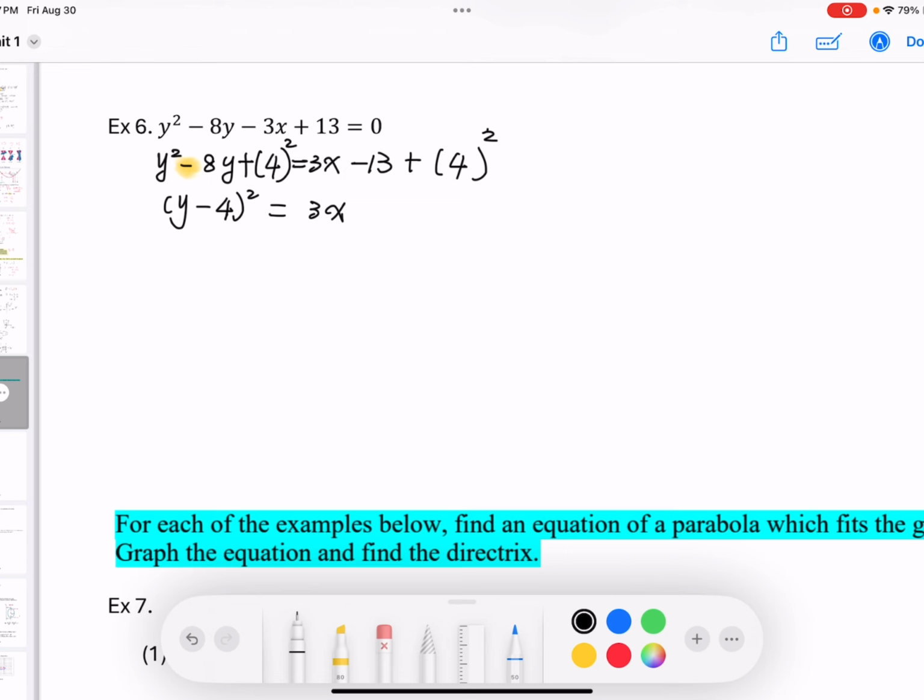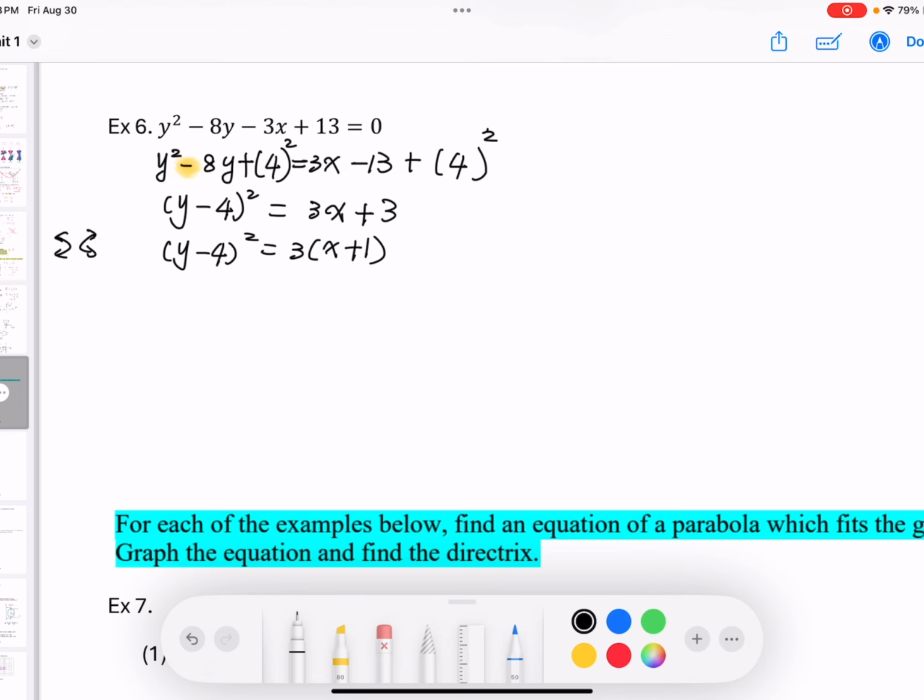What is that? It is 3. Yes, so it is plus 3. We can factor out the GCF 3: (y - 4)² is equal to 3 times (x + 1). Now let's see what is the direction of my parabola. The y part has the squared, so I'm open to the left or right.